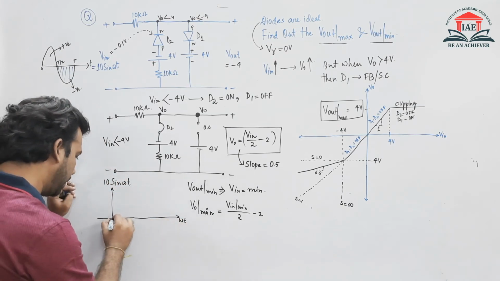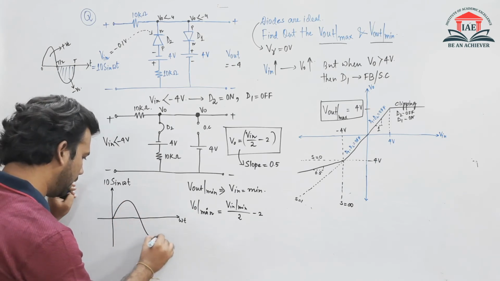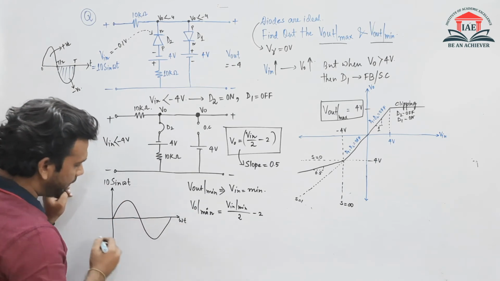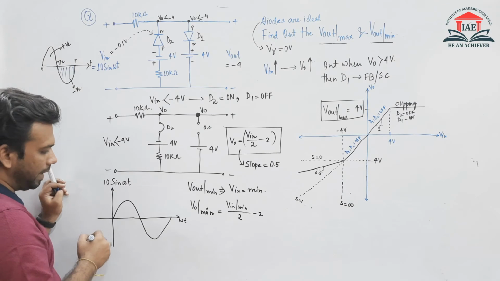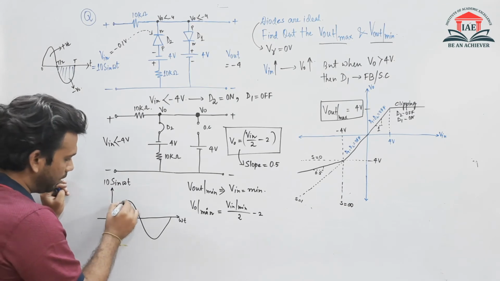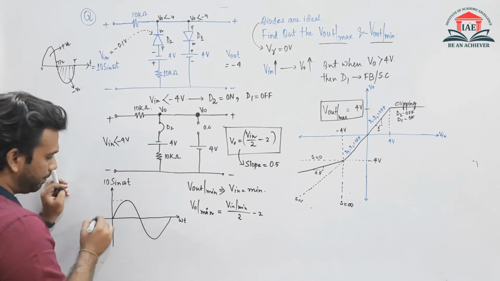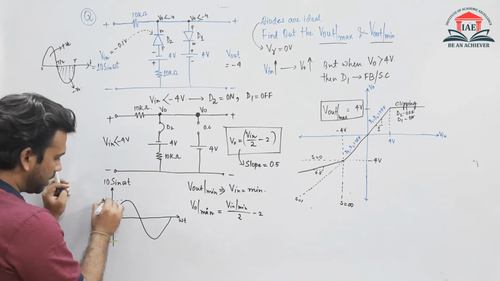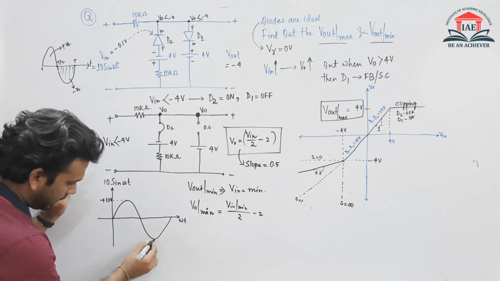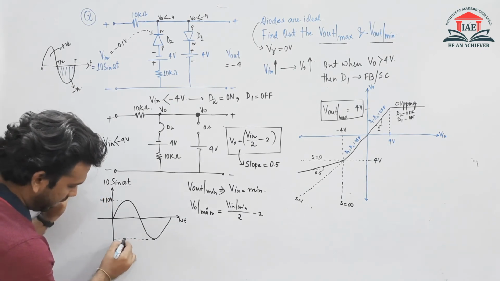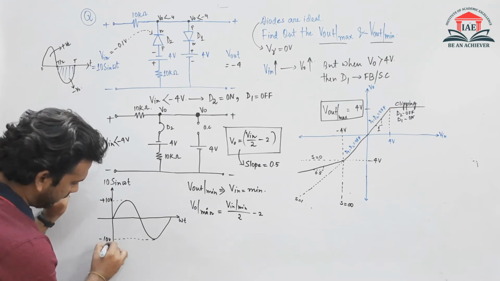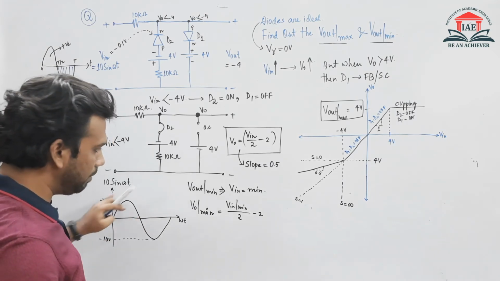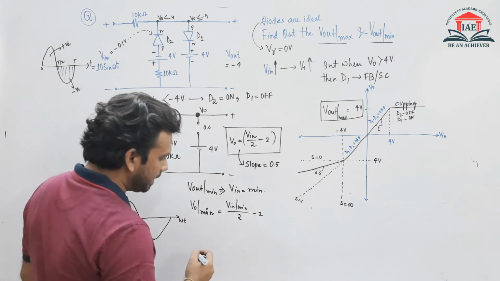So if you see what is the maximum value of the input, the maximum value of the input क्या है आपका plus 10 volt. Similarly आपका जो input है उस input का minimum value क्या है minus 10 volt. So the input का जो minimum value है that is minus 10.